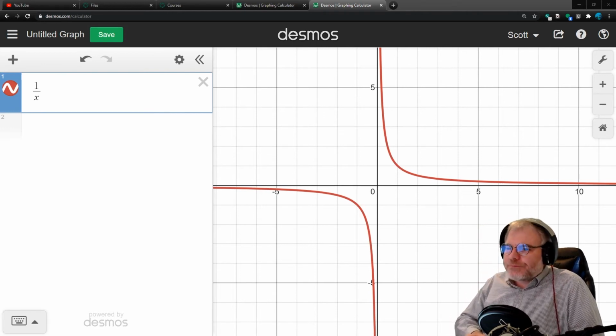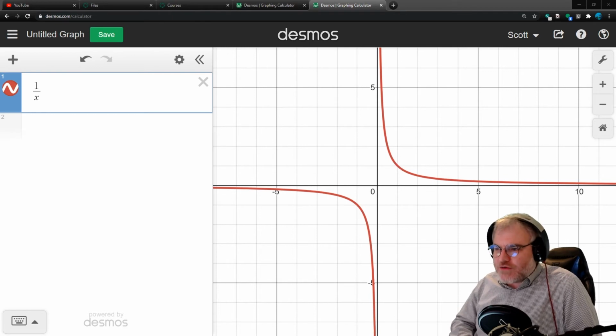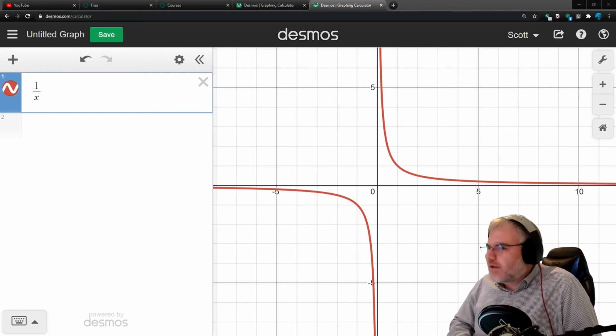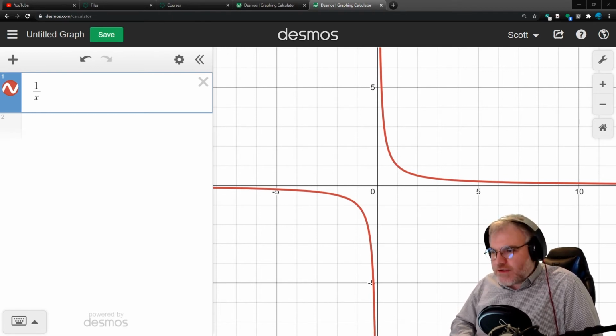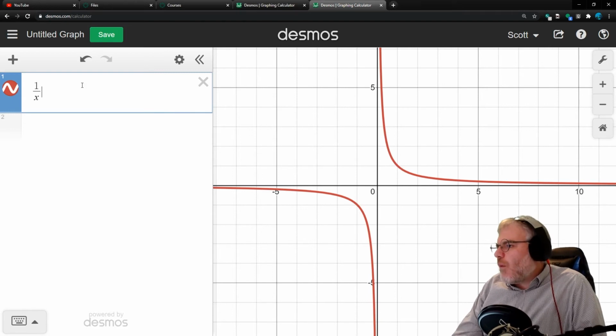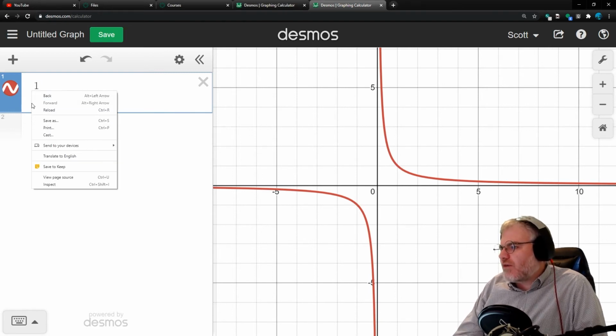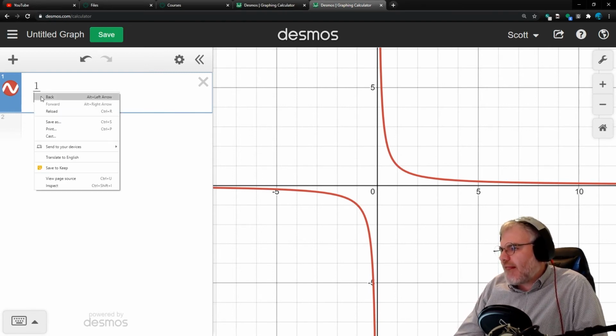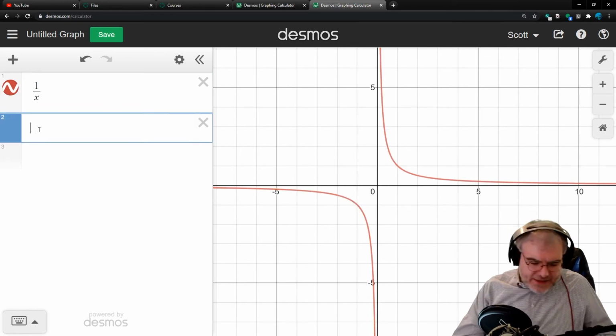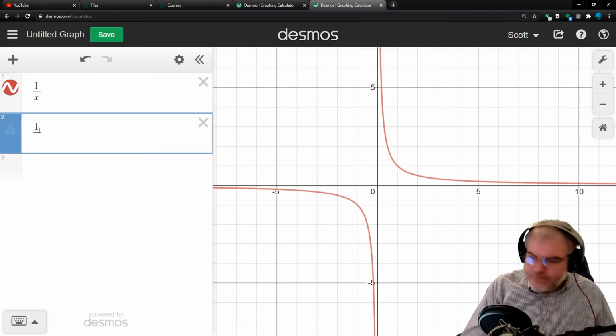Not nightmares as in you're scared of it, but nightmares as in it shows up when you're having a good dream, and suddenly you've got 1 over x showing up in your mind. This thing should be embedded in your brain. So now what happens if I cube 1 over x? If I take this function and cube it, what's going to happen?